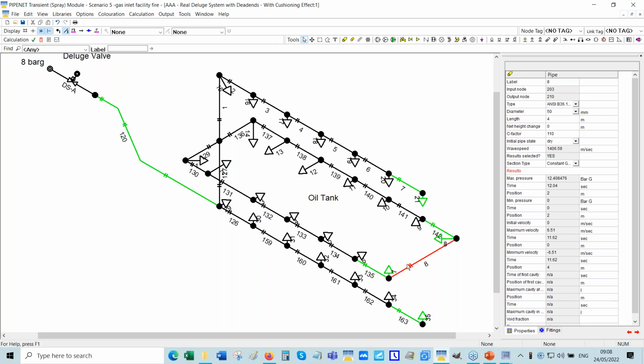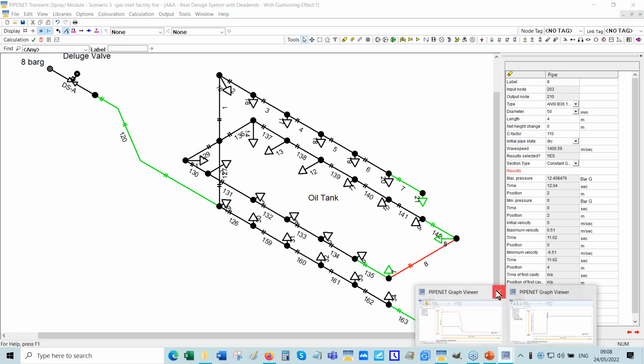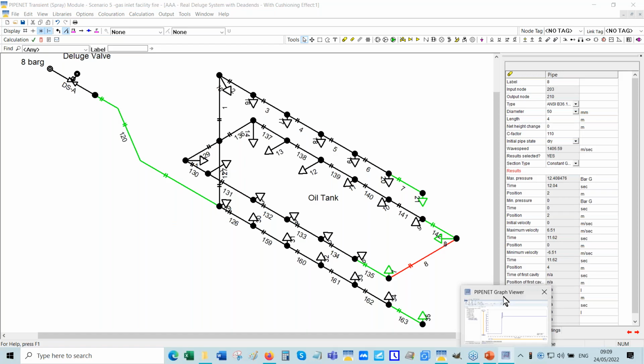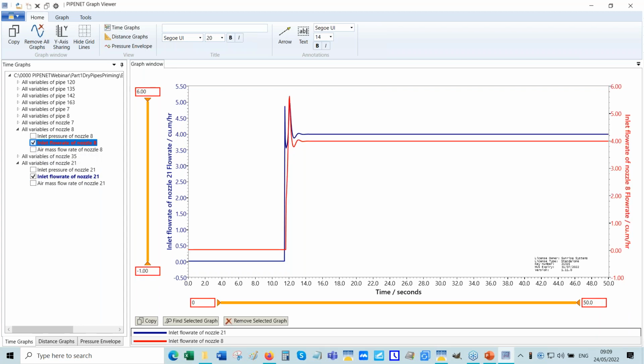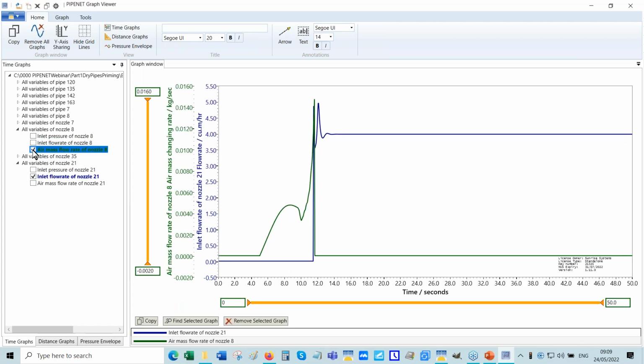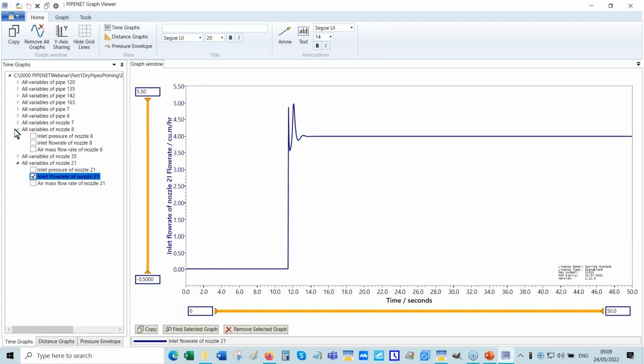I want to show the volume of air in pipe 8 now. No, pipe 8. Sorry about that.